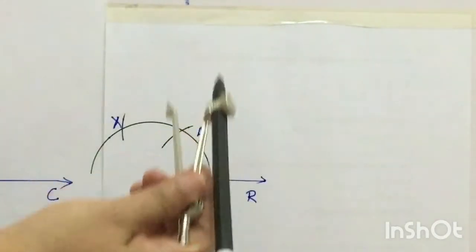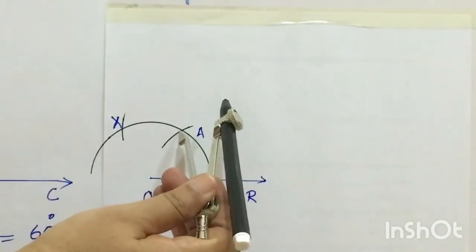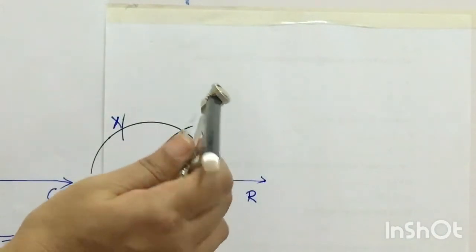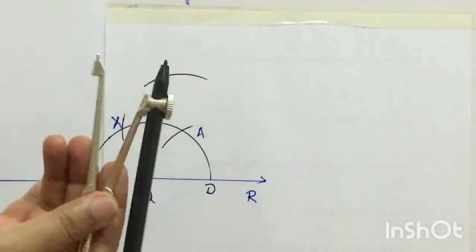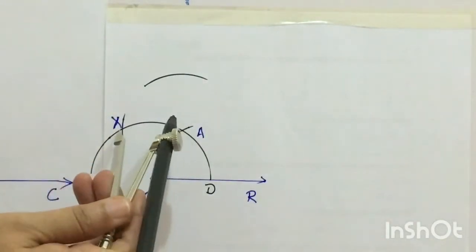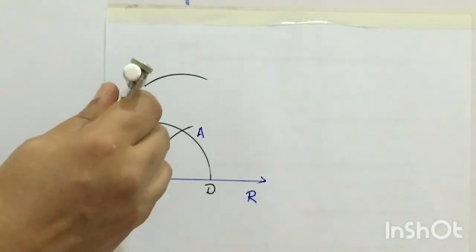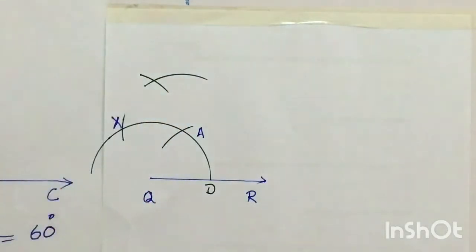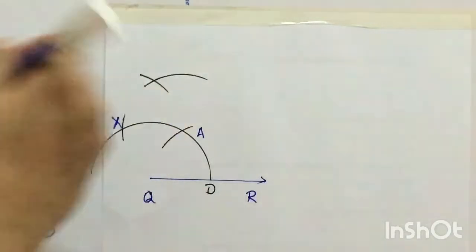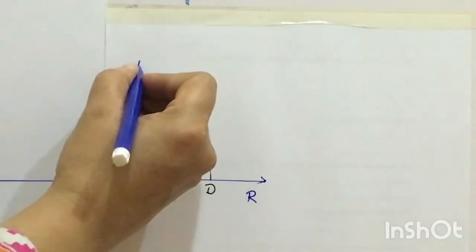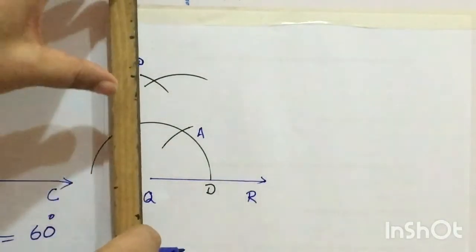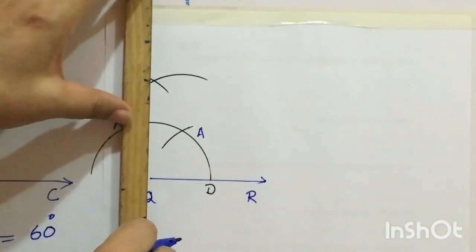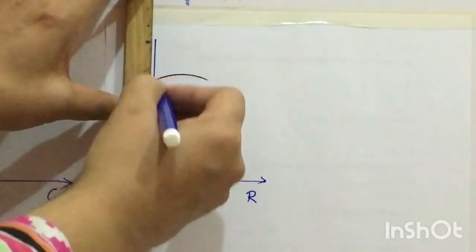Now place the needle of the compass at point A and mark another arc with the same width. With center X, mark another arc which cuts the previous arc at a point which you may say P. Now if I join point P to Q, the angle of 90 degrees is formed.